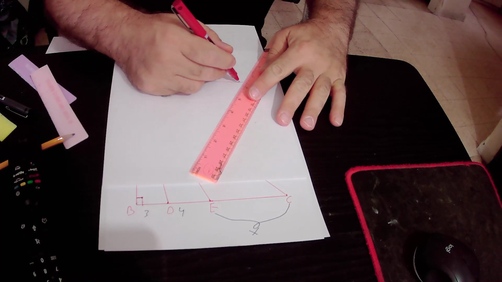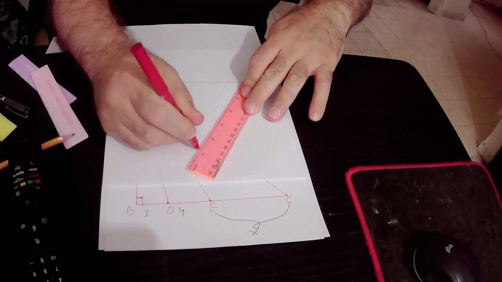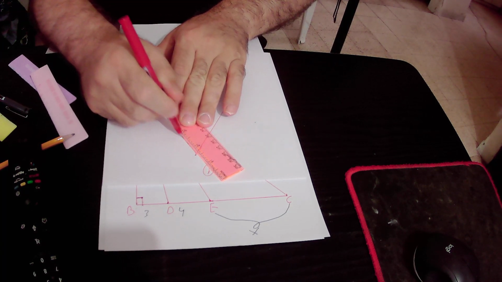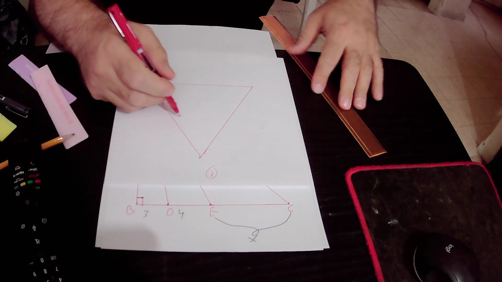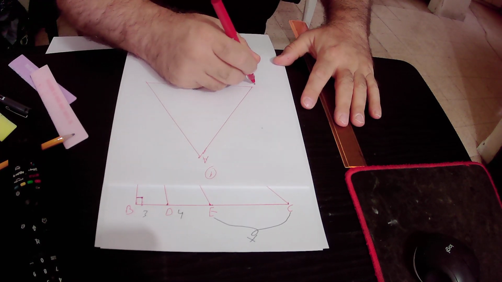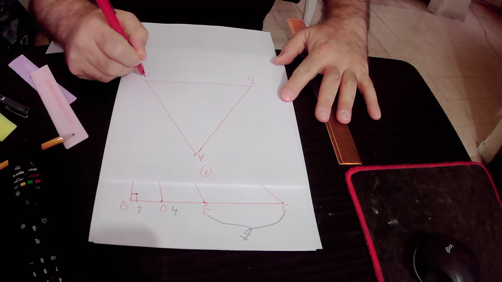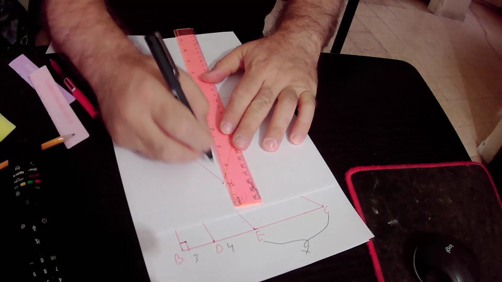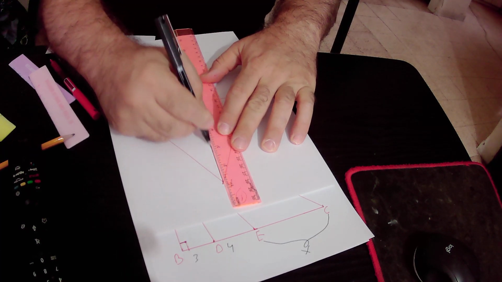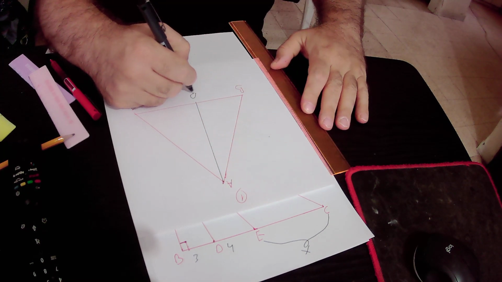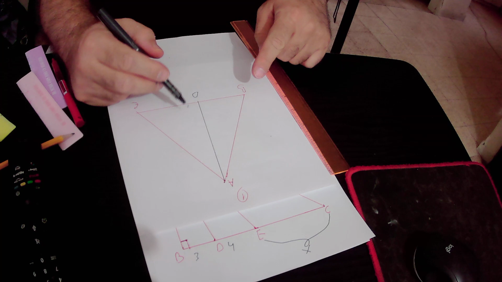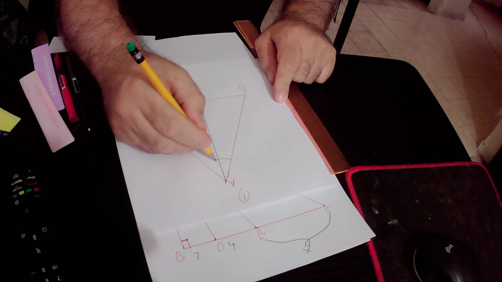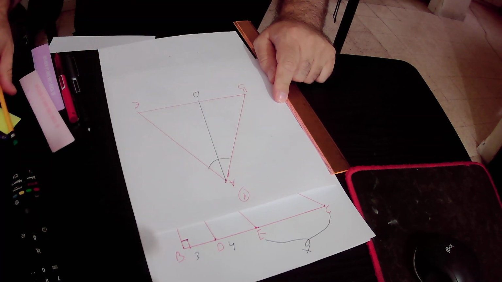If we have triangle ABC, the angle bisector AD divides angle BAC into two equal angles.